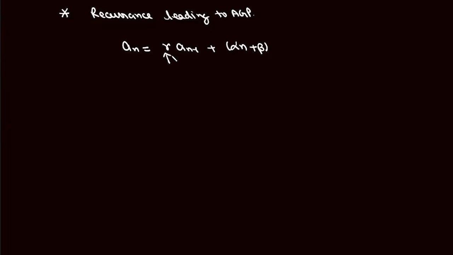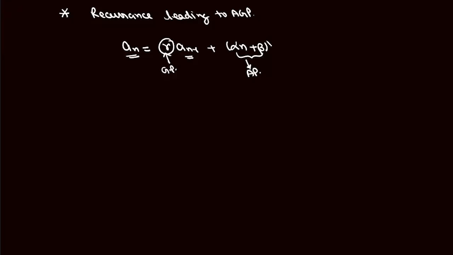Now this r relates with the common ratio of a GP, and this linear term alpha n plus beta relates with an AP, and two successive terms are related like this. So we'll get GP behavior from r and AP behavior from alpha n plus beta.